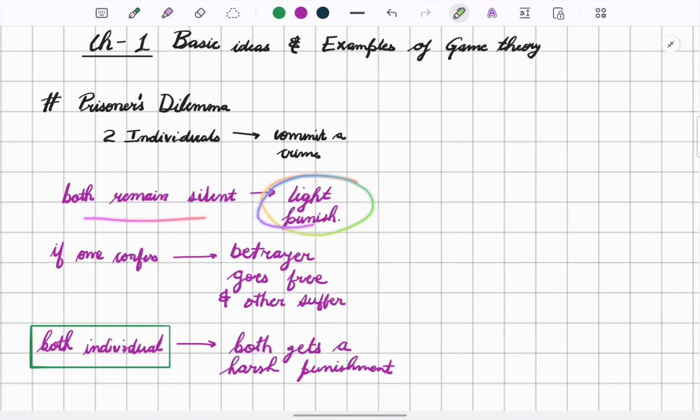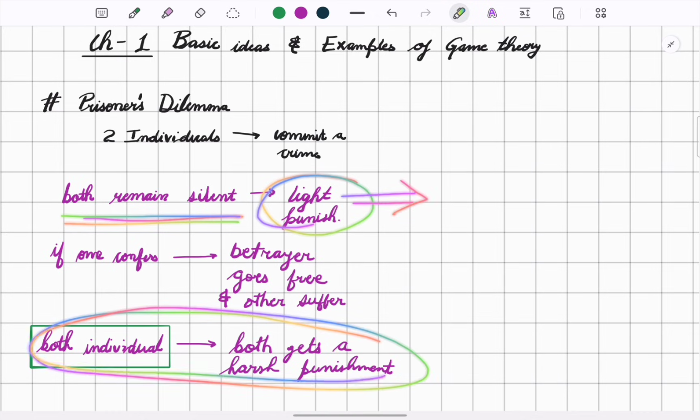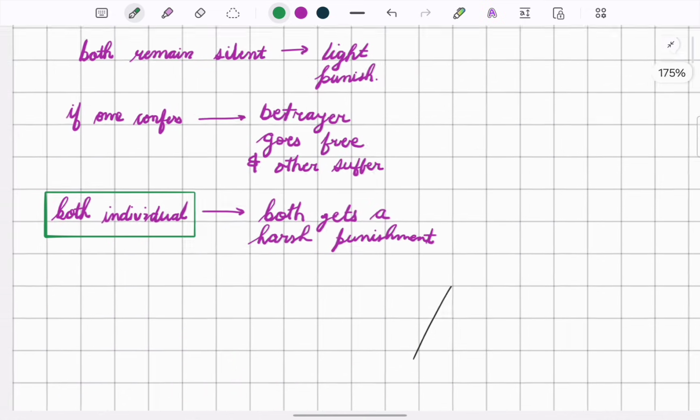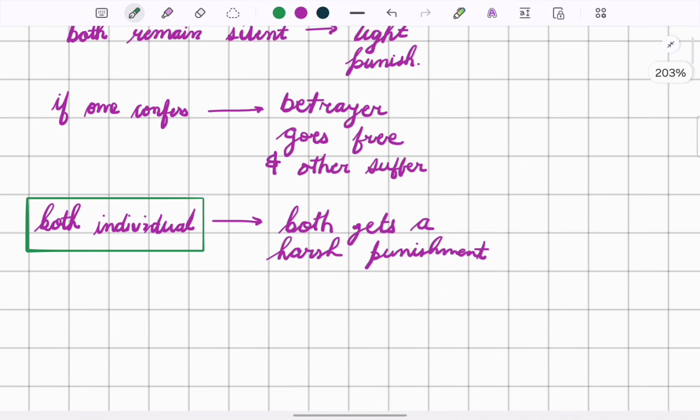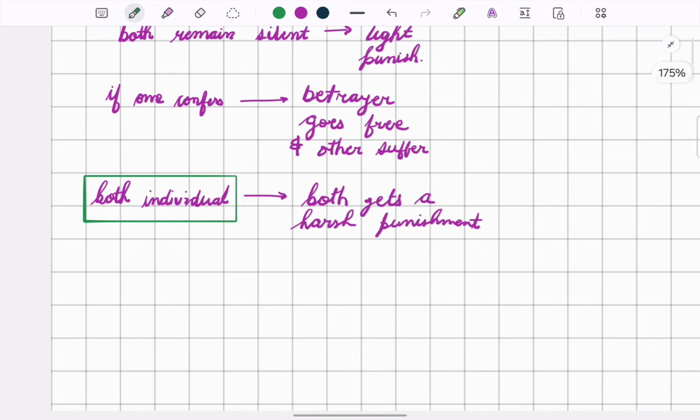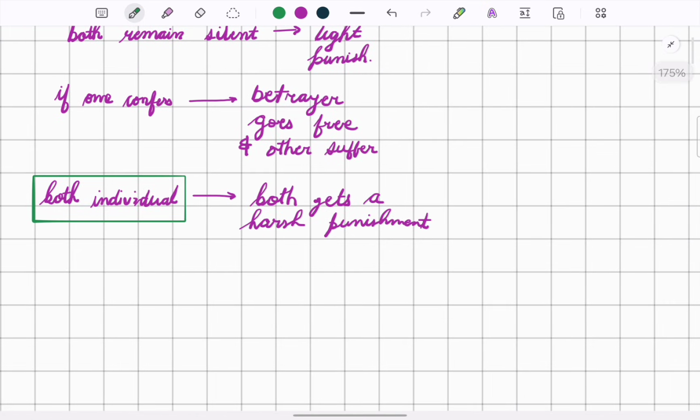Whereas their best outcome was that they both remain silent and get a light punishment, but they end up at this conclusion. Game theory shows how even rational individuals, even rationality, can lead us to the worst or least preferred outcomes.